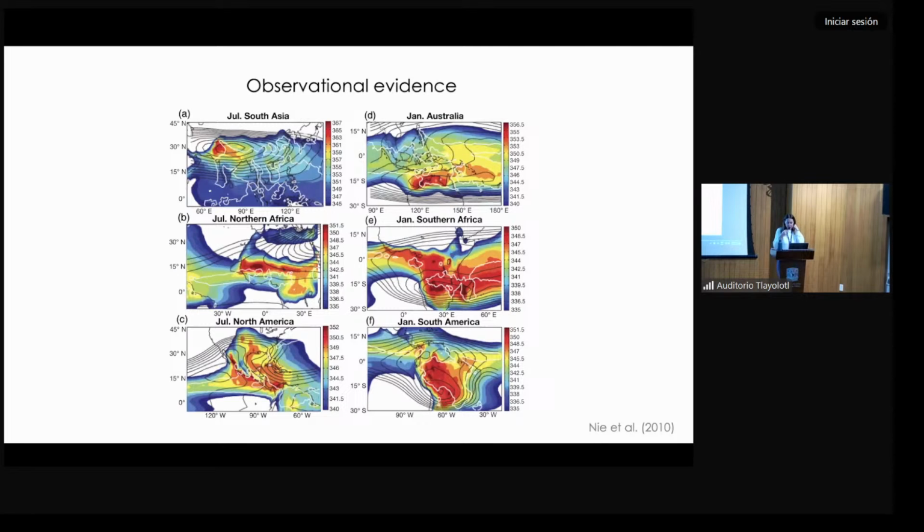So I'll tell you a joke that my PhD advisor, Bjorn Stevens, used to make. I worked on the North American monsoon based on observations in the first part of my PhD, and then I moved to more idealized modeling. I really emphasized how, from a certain perspective, the North American monsoon looked like a monsoon: the seasonality of the precipitation, the changes in both low-level and upper-level circulations, they're all there.